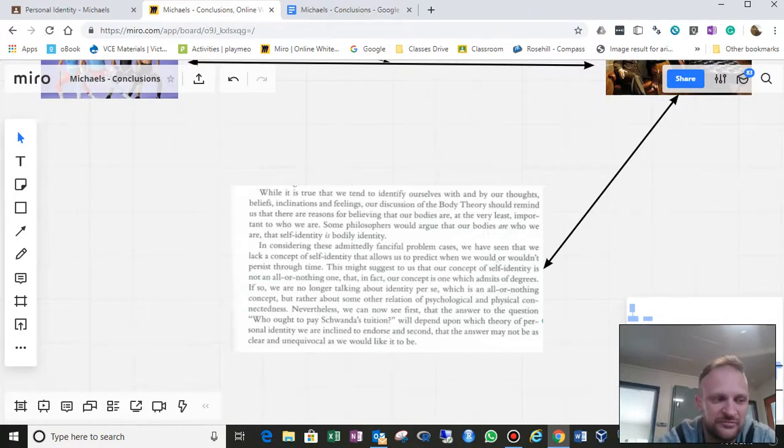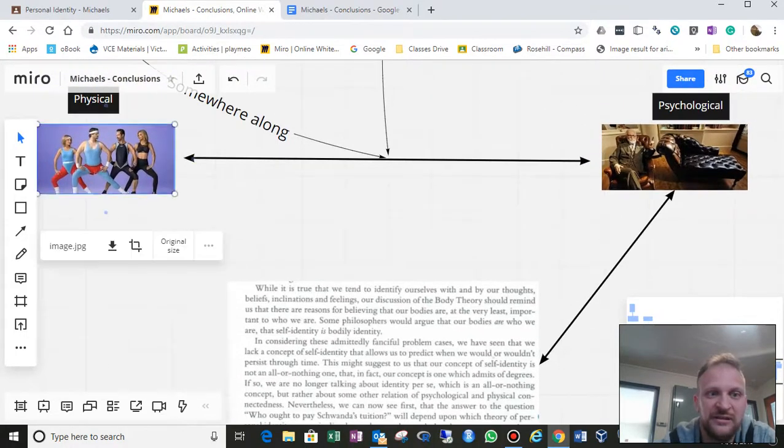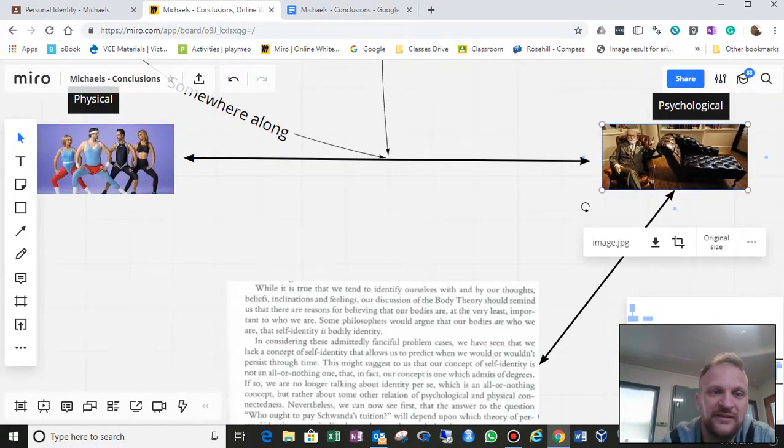Especially if you do what I think Meredith Michaels is really doing, she's saying, look, you've got to accept the problems with all theories and somehow come up with a combination of the theories that really gets you to think about the physical and the psychological connectedness that somehow gives us a sense of who we are.